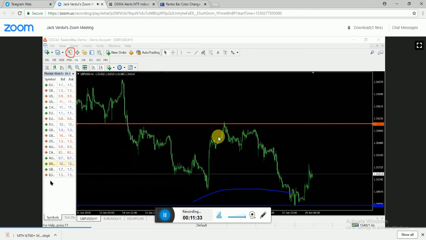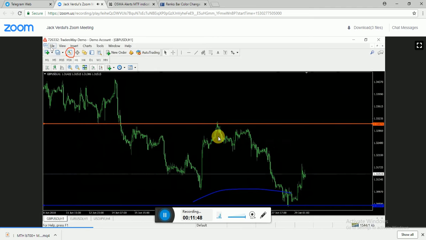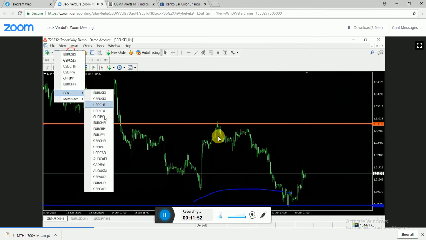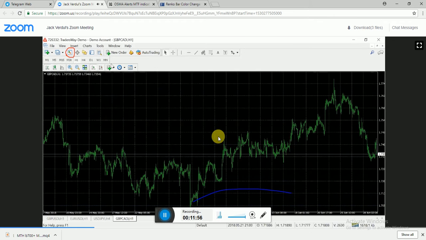Then you double click the bottom, and you put in the currency you want. In this case, GPP CAD, and then you press enter. Boom. You can exit out if you want. Then you go to file, new chart, go to your currency list, and boom, it's right here. GPP CAD.